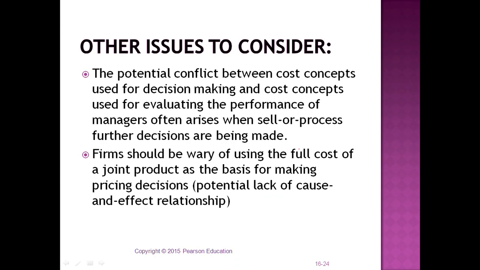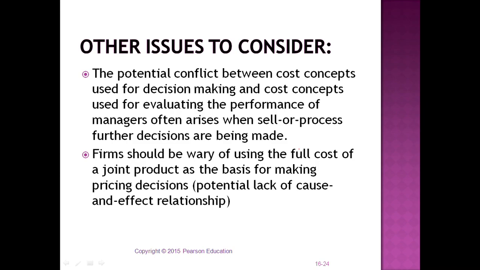The first one is that in the decision making, whether the manager decides to sell the products without further process may not be the only thing that you take into consideration when you evaluate maybe the performance of your manager.